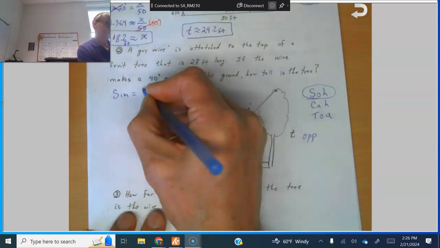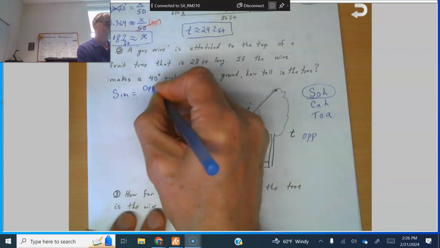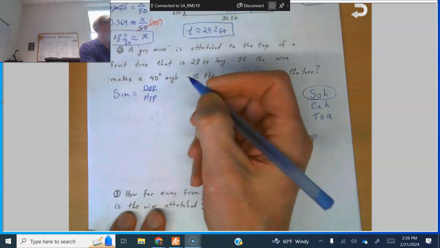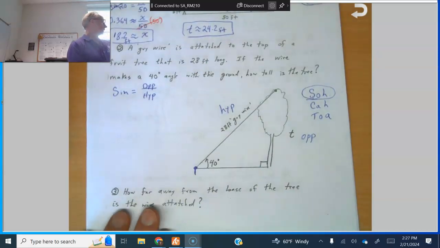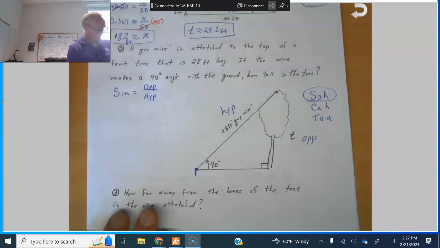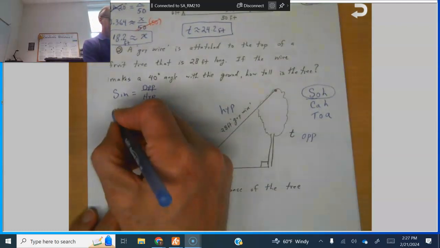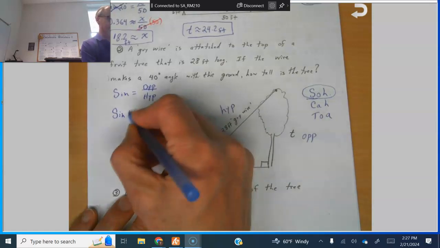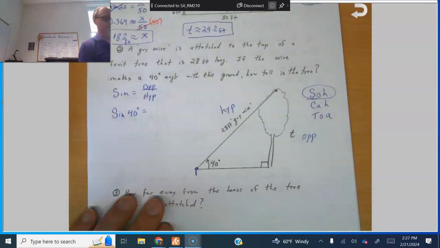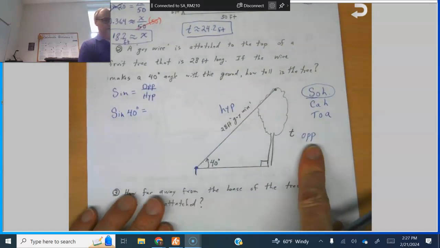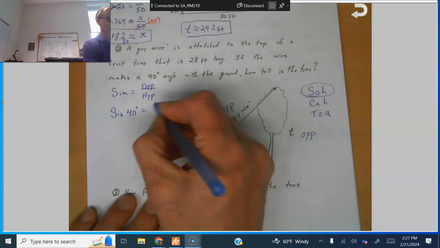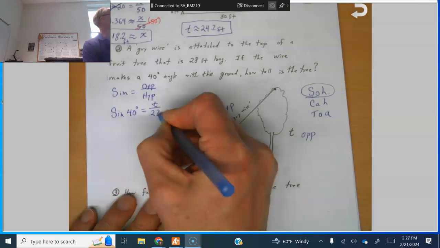Sine of 40 degrees is equal to opposite over hypotenuse. T over 28. Finish it yourself.